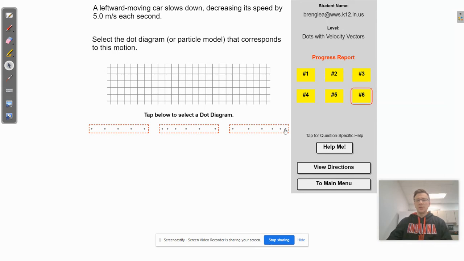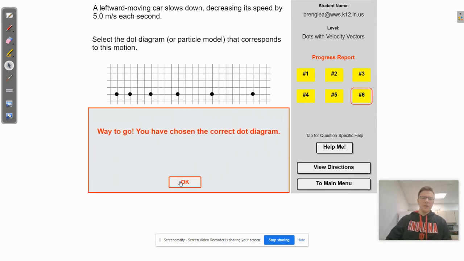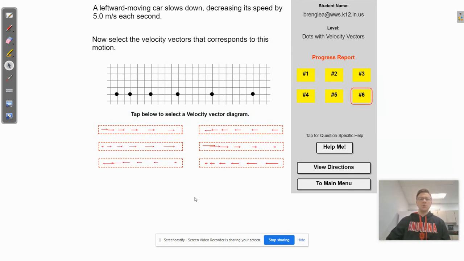So if this much distance is covered in the first second, and then this much distance in the last second, it has to be moving faster over here than it was over here to cover more distance, right? And so the correct answer is the one in the middle here that shows that the object is slowing down because the distance that it's covering is decreasing each second, and therefore it must be moving slower and slower. So that's the thought process for how you'll choose your dot diagram.